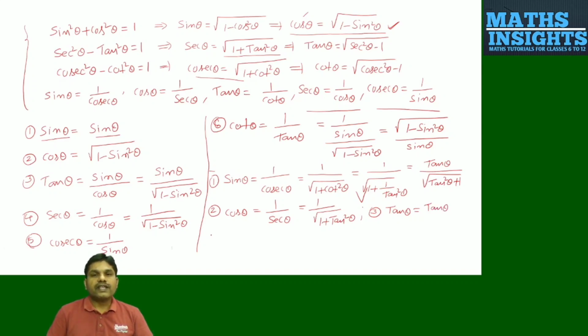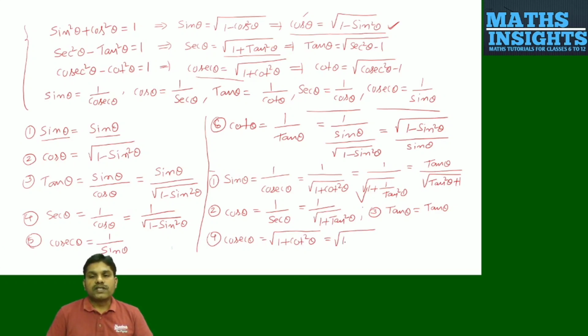And if you take the fourth one, I am taking cosecant theta. You know how to write cosecant theta. Cosecant theta is equal to square root of 1 plus cot square theta. But you know, cot theta and tan theta are reciprocals of each other.